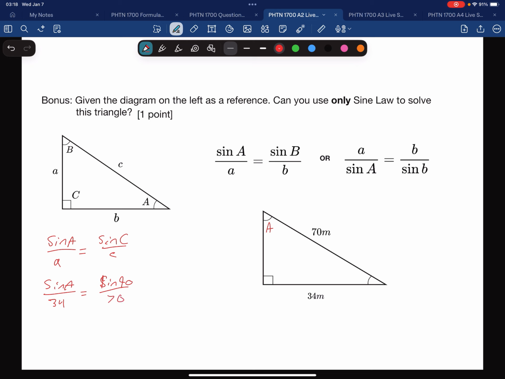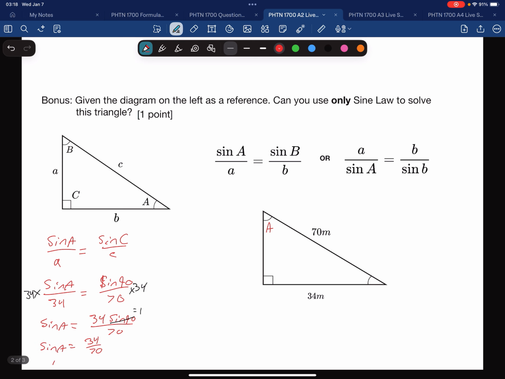So multiplying everything by 34, I get sine A equals 34 times sine 90 over 70. Now, if you want, you could also say that the sine of 90 is just equal to 1, and simplify this even further, and say that the sine of A is equal to 34 over 70.